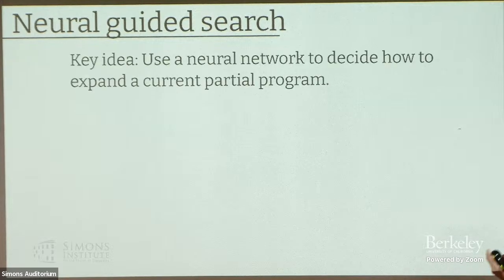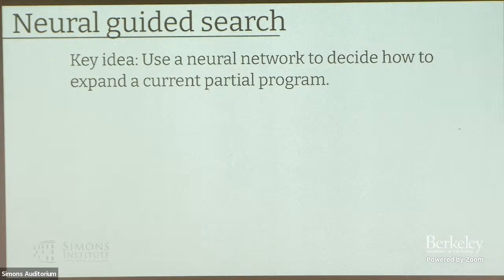And so one of the big ideas more recently has been the use of neural networks to learn how to generate these programs. The idea is that you can learn the distribution of programs. You can even learn the conditional distribution that matches your description of the problem to the space of programs that you're trying to generate. And in that way, you can run a very focused search.